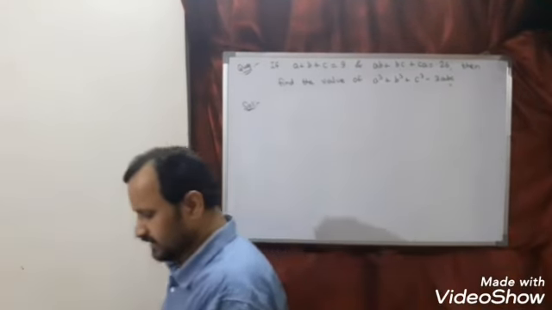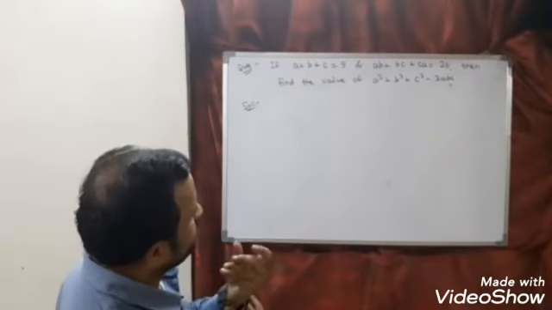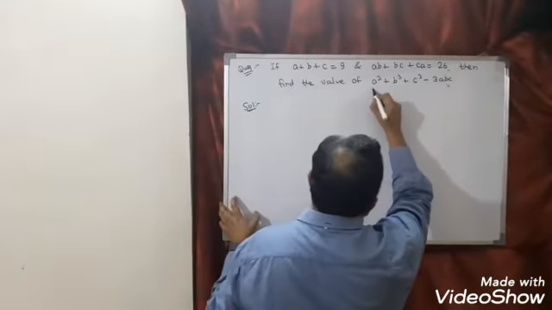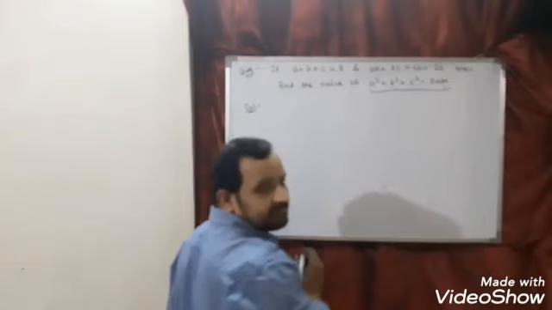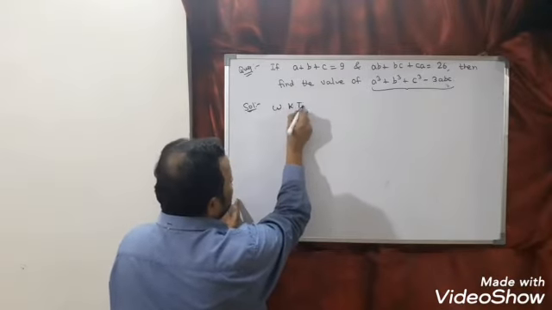Now look here. Now A cube plus B cube plus C cube minus 3ABC, what is the formula? So we know what is the formula?